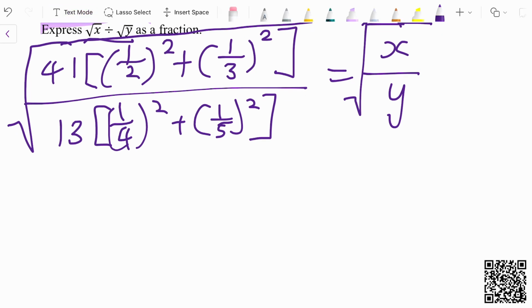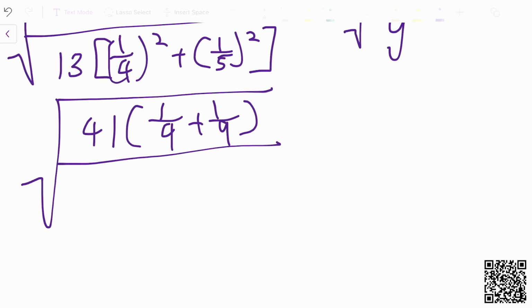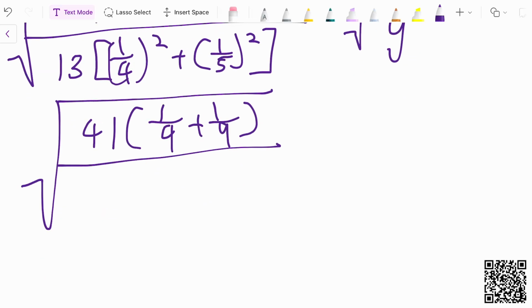So basically now we just start solving. 1/2 squared is 1/4, so 1/4 plus 1/9 over, forget the square root, 13, 1/16 plus 1/25.